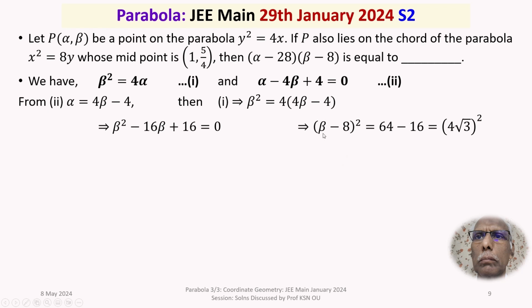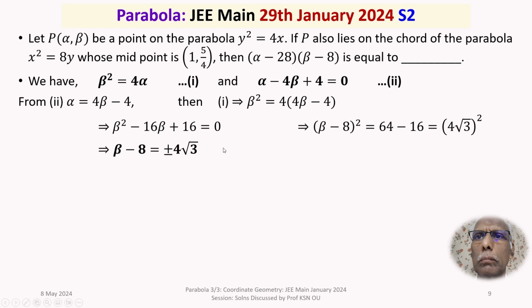Completing the square will give you beta minus 8 whole square is equal to 64 minus 16, that is 4 root 3 whole square. So take out the square: beta minus 8 is equal to plus or minus 4 root 3. We want beta minus 8, so keep it as it is.